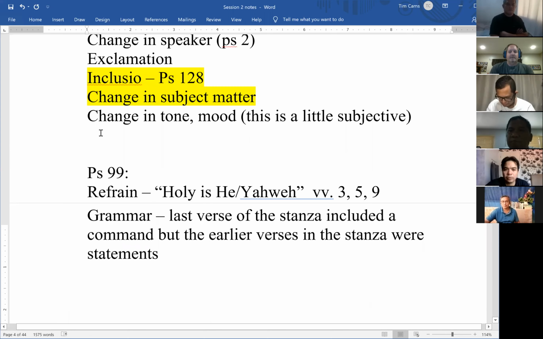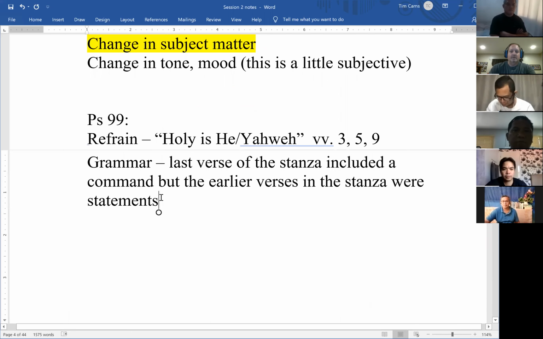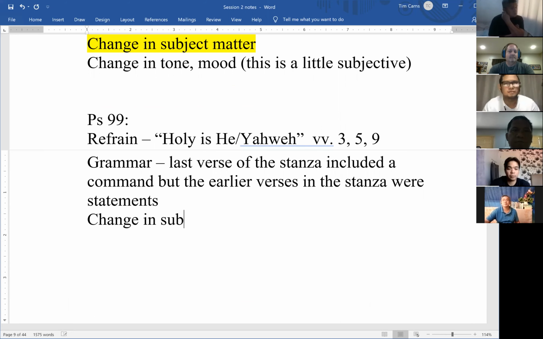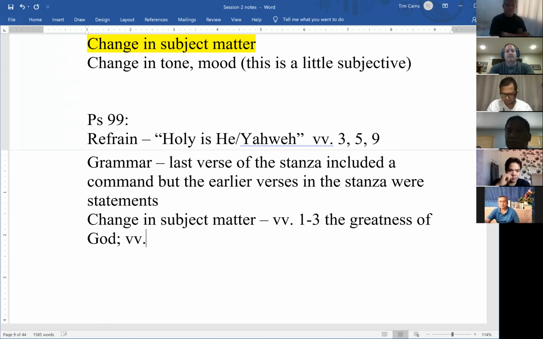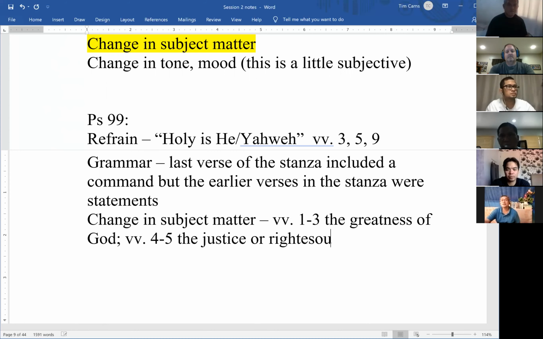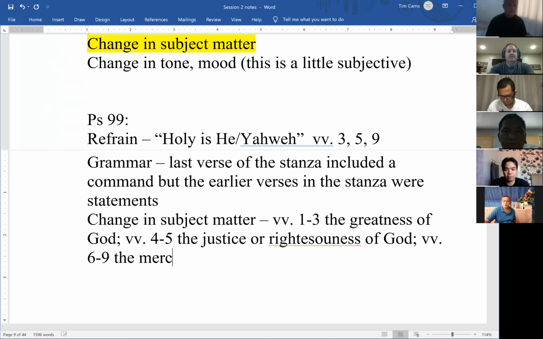So we have the grammar, and then finally another strong argument is change in subject matter. Verses 1 to 3 focus on the greatness of God. Verses 4 and 5 focus on the justice or righteousness of God. And then verses 6 through 9 focus on the mercy or forgiveness.